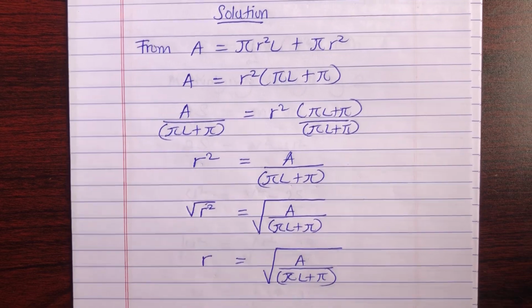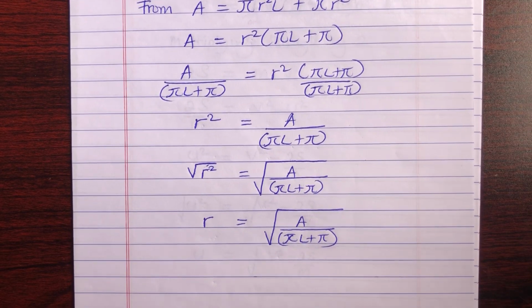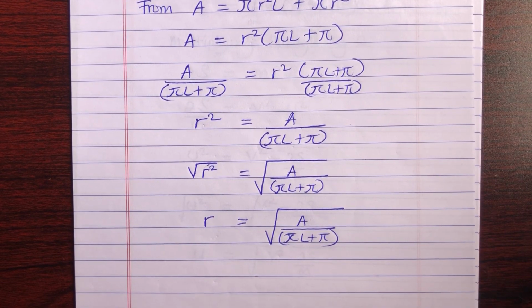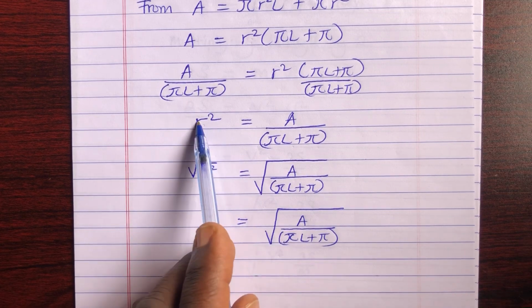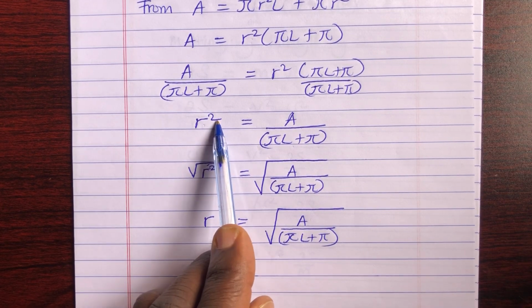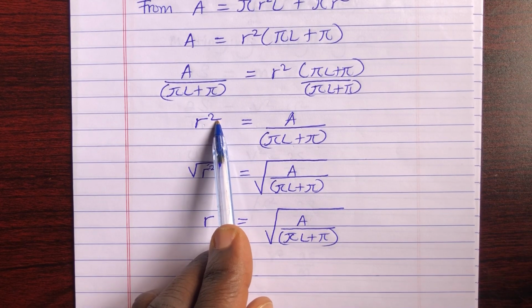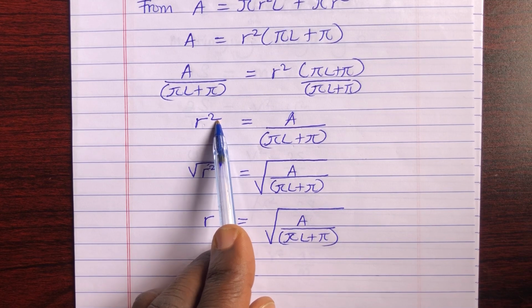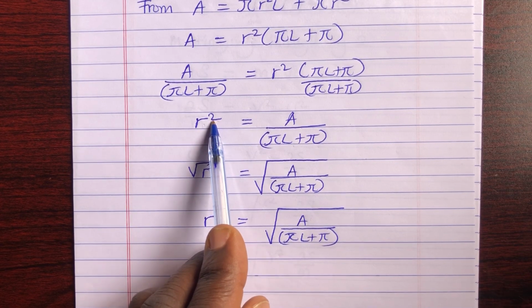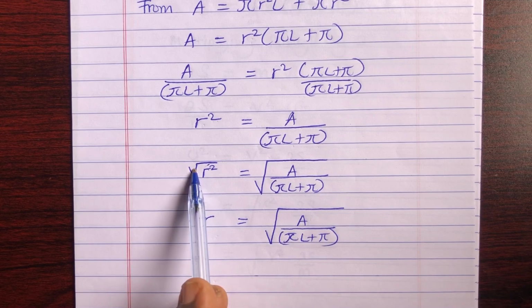And remember, our aim is to make r the subject. But at this step, we are having r squared, meaning we are only left with reducing the square. That is when we shall introduce the square root.